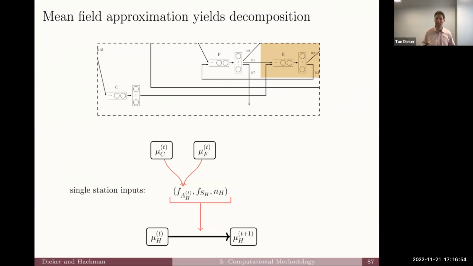And here's the idea. Station H is a single station by itself, except the arrivals are no longer exogenous. They are determined by the iterates of the other stations, C and F. So these determine the arrival flow that goes into the iterate for the station H.